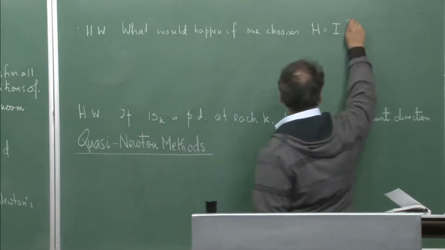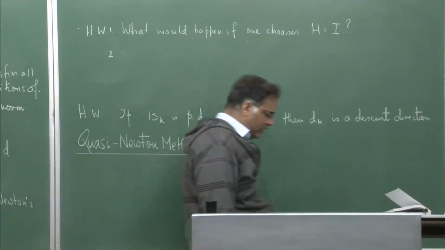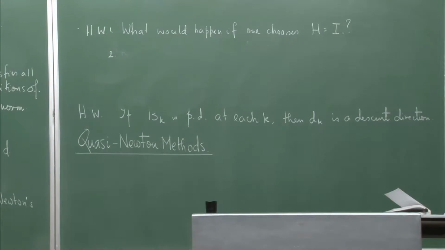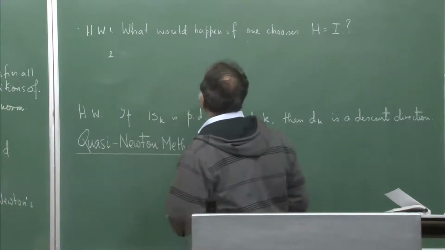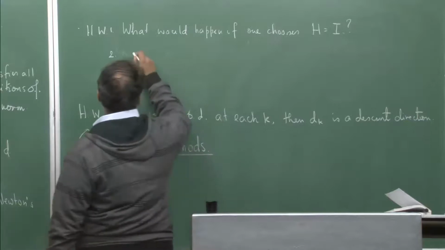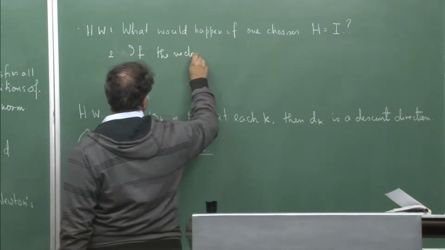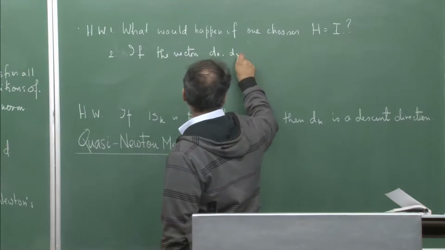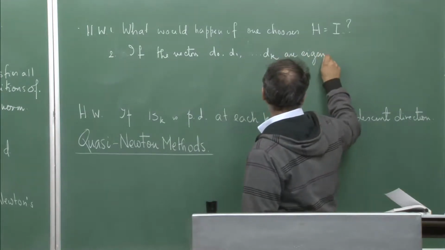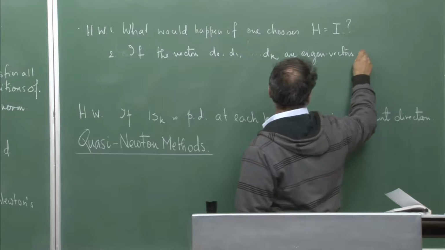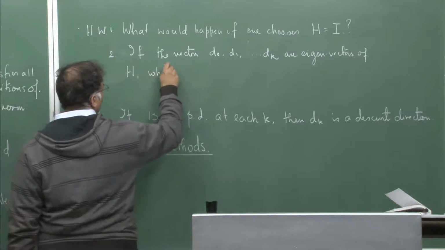That is one thing, and the second problem is, suppose these d0, d1, up to dk are actually eigenvectors of H, then what is the relation between the vectors? If the vectors are eigenvectors of H, what would happen? You have to find out what would happen.